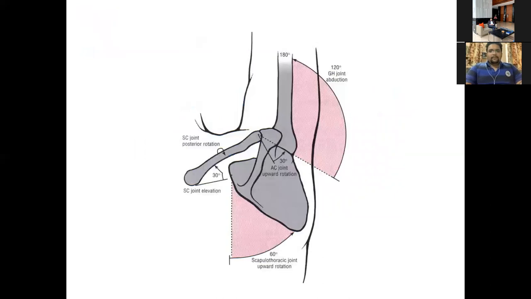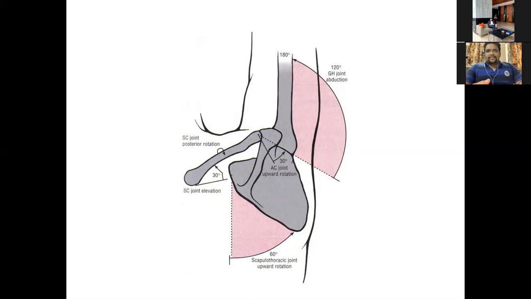Now, what is scapulohumeral rhythm? As stated by Inman, for every 3 degrees of abduction of our arm, 2 degrees are contributed by the glenohumeral joint and 1 degree is contributed by the scapulothoracic joint. This picture is showing 0 to 180 degrees of shoulder abduction, in which the first pink marked area is 60 degrees of scapulothoracic joint upward rotation, and the next is 120 degrees of glenohumeral abduction.